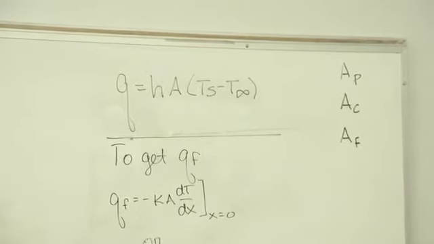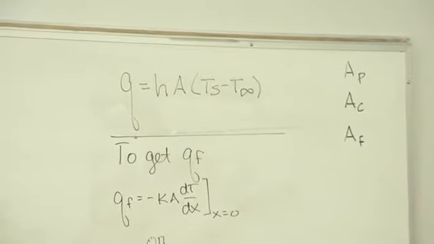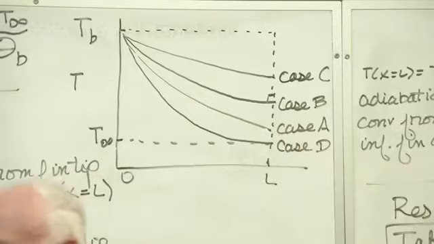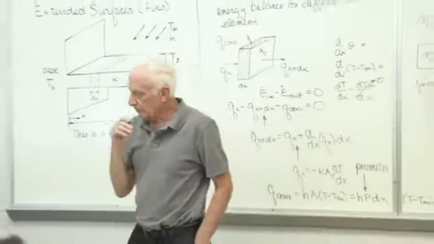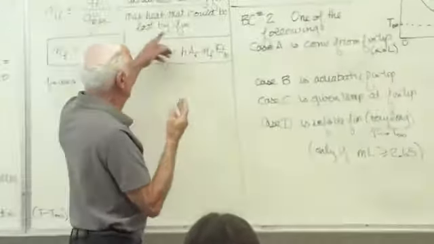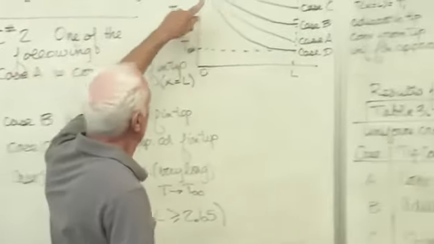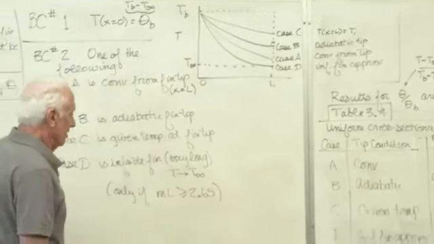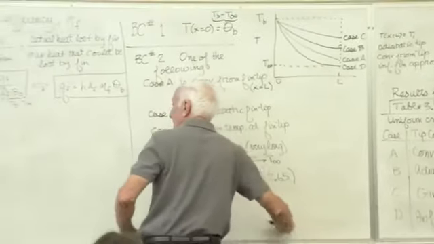Well, you say, okay, I'll make the fin out of copper. Great. It might look like that. Or maybe I'll make the fin out of stainless steel. No, it looks like that. Copper is better than stainless steel. The temperature is more even throughout the fin length. So that's what the denominator means. Maximum heat that could be lost would be a case like this, where the fin temperature doesn't go down much at all.